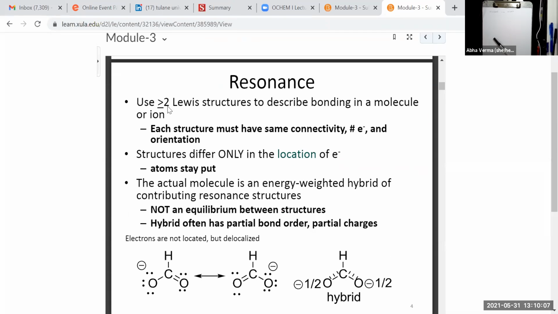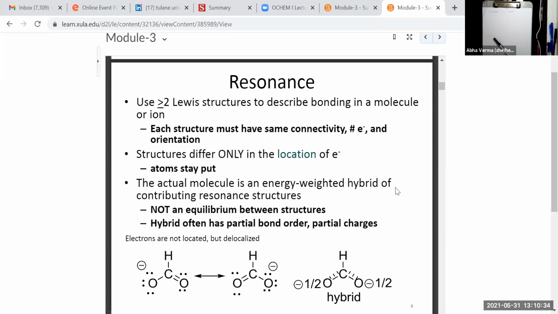Resonance, again, is the use of 2 or more Lewis structures to describe the bonding in a molecule or ion. So structures only differ in the location of electrons. What happens to the atoms? They stay put.